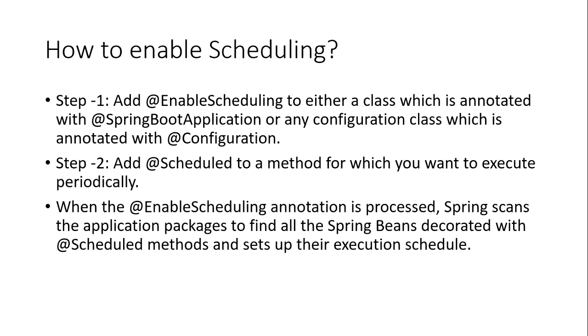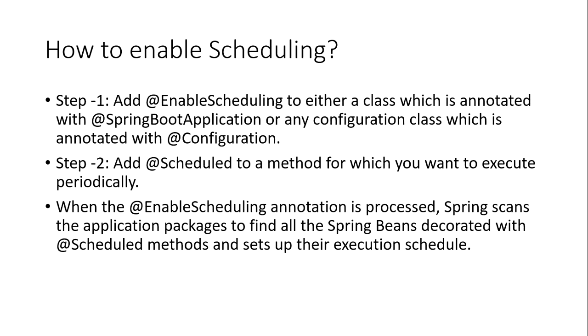Basically, how to enable scheduling. By default in Spring Boot, scheduling is not enabled. We need to enable it by adding the annotation @EnableScheduling to any one of your configuration classes, or at least you can add it to your main class in which you have @SpringBootApplication.